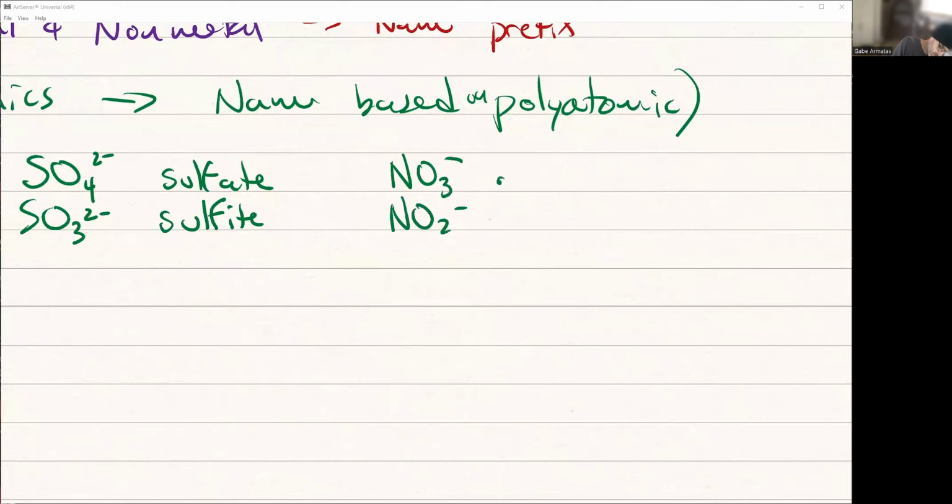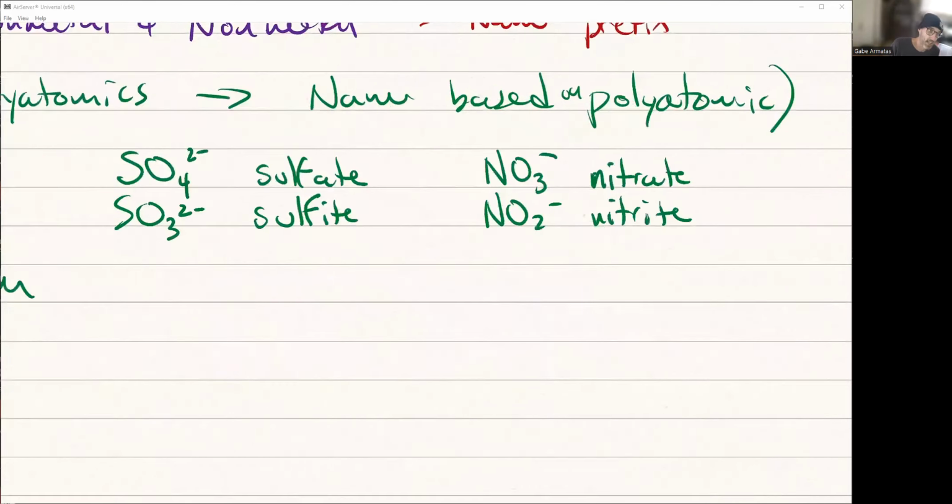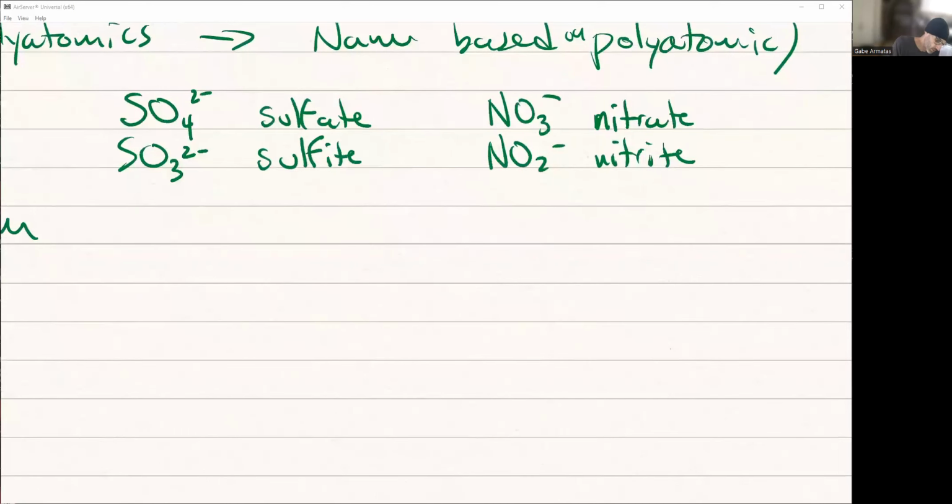This is going to be nitrate and nitrite. So again, ate and ite. One less oxygen, but they all have the same charge. And then the last two I'm going to add: CO3 2- is carbonate, and PO4 3- is phosphate.